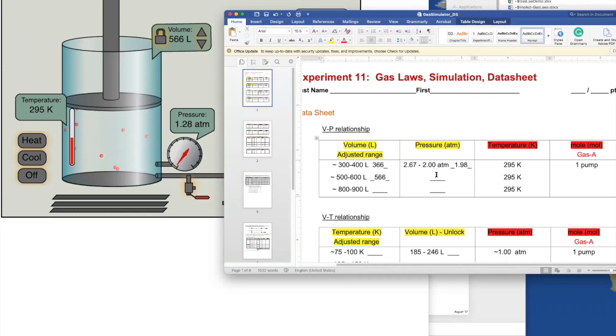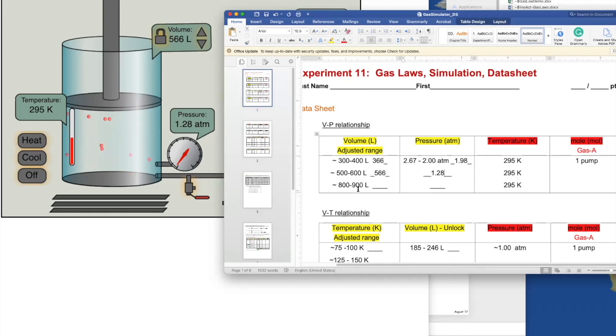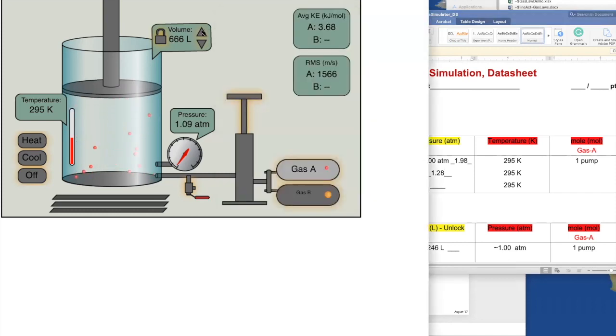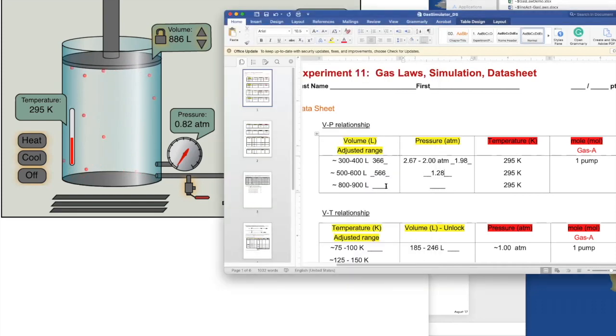And what is the pressure? The pressure is 1.28. So the first part here, you're just gathering data. Here, you're changing the volume to between 800 and 900. And again, you're just doing this. Type in the volume.